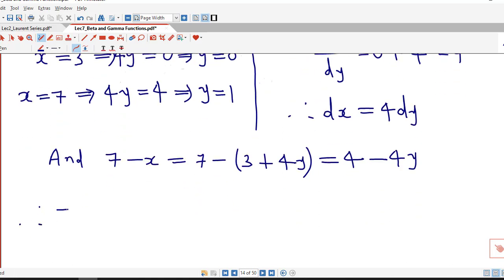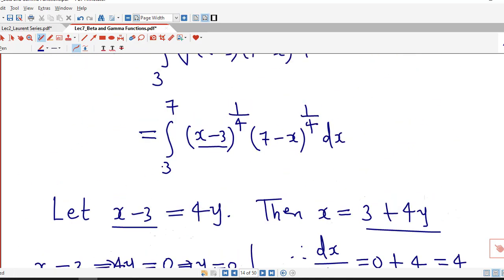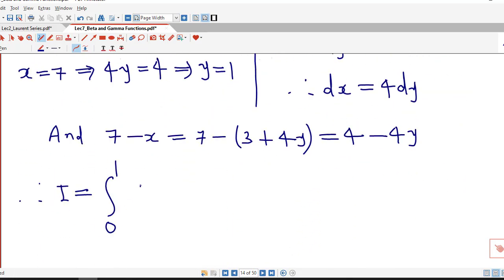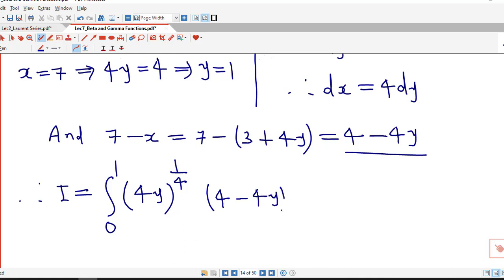So using all these things, our integral becomes I equal to the integral from 0 to 1. x − 3 is 4y, so we have (4y) raised to 1/4 power. 7 − x is 4 − 4y, so (4 − 4y) raised to 1/4 power, and dx is 4 times dy.